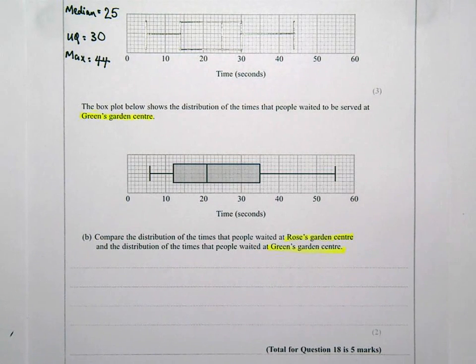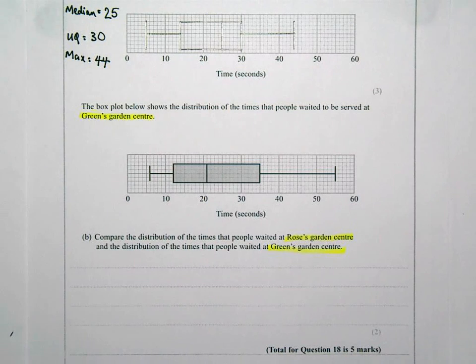Now this type of question is pretty standard. You just need to do a comparison of the medians, and a comparison of the range or the interquartile range. Either of those, you just need to put 2 points. There are 2 marks for this, so you're going to get a mark for each of those points. Now let's just do that.